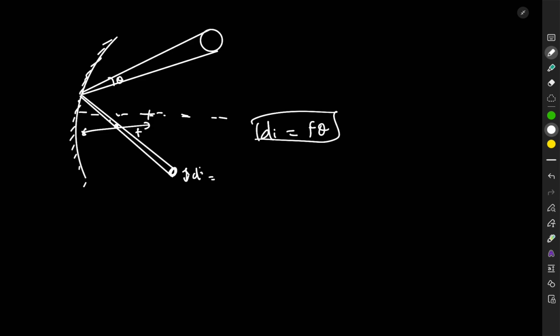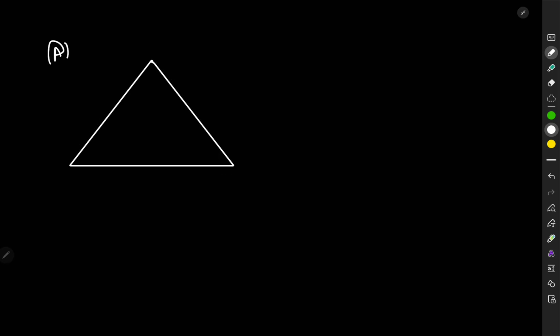Moving further, we have a couple of questions where you need to trace the path. Let's put a question. A light ray is passing at an angle theta equal to 30 degree, and the other angle will be 60, and all the inside angles are reflecting.